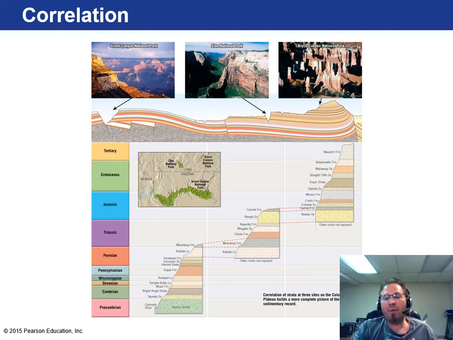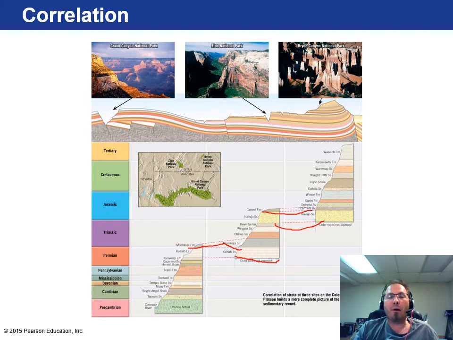If you look at the rock record from beginning to end, you can see that there are some layers that correlate. So the very top of the Grand Canyon matches up with the bottom of Zion National Park, and the top of Zion National Park matches up with the bottom of Bryce Canyon. And it goes from there.